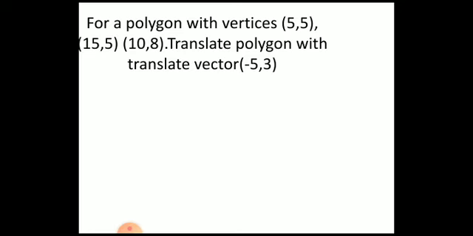Every point's x and y values are given. You also have the translation factors, that is tx is equal to minus 5, ty is equal to 3. All you have to do is simply add these translation factors to the points that are defined, and you will obviously get the translated points.